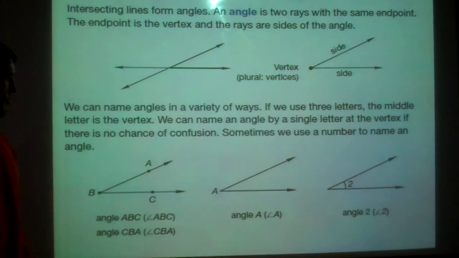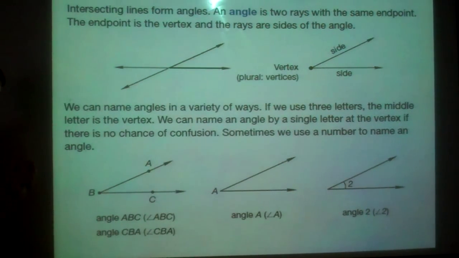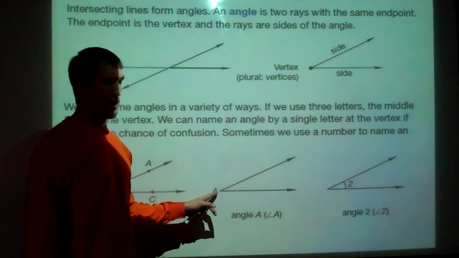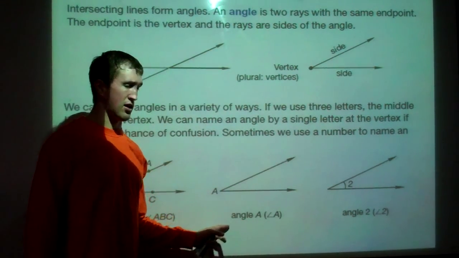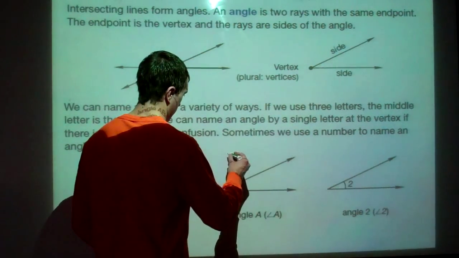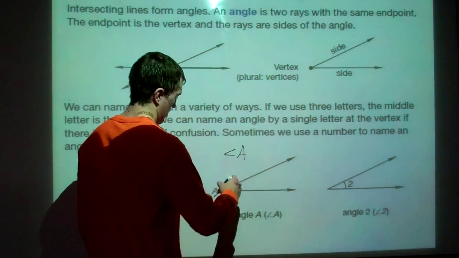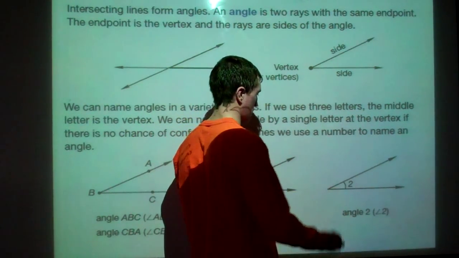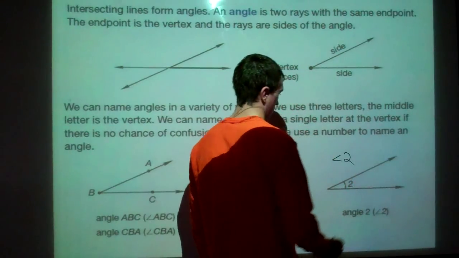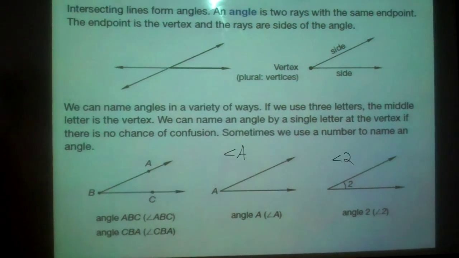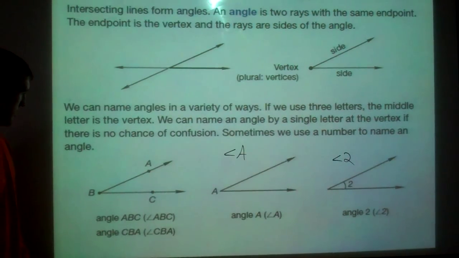Alright? Now we have a bunch of different ways that we can name angles. Let's go over the easy ones first. If we have just an A at your vertex, you can go ahead and call that angle A. That could be this one. If you have a 2 or any number in here, you can go ahead and just call that angle 2. Notice that's there by the vertex though. Everything kind of stems from the vertex with angles.